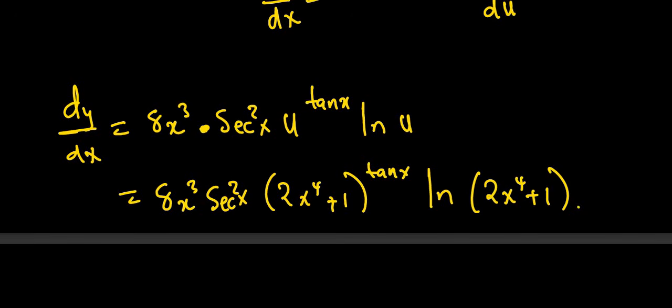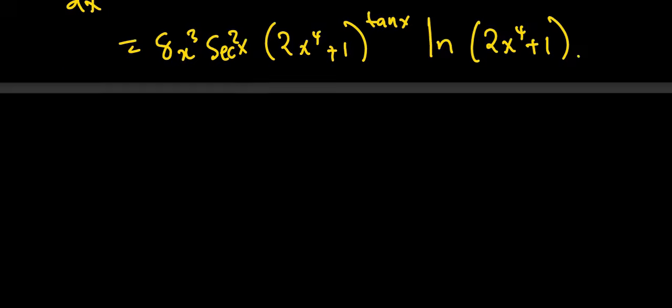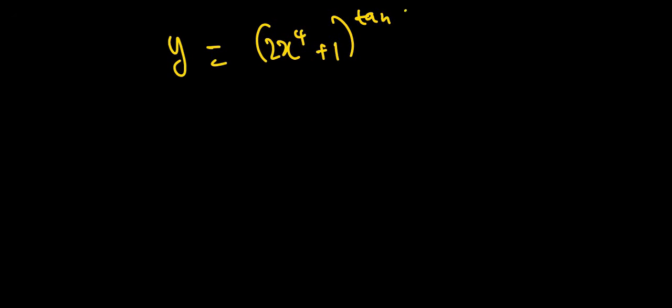That's what you get. So the first temptation was to do what we always do for chain rule. You were probably tempted to say (2x^4 plus 1) to the power tan x minus 1. You wanted to bring the tan down. So this is only done if the power is an integer. That's when we do that. Not when the power is a function again. Yeah, so we cannot apply that.